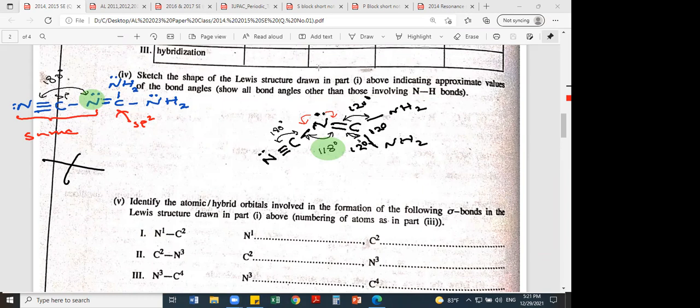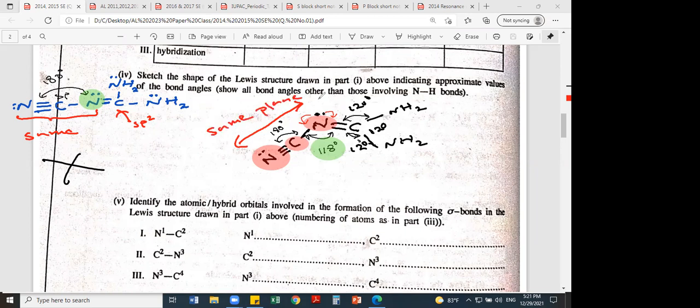Anyway, some papers have asked which atoms lie on the same line. If you can mark that additional information here, this nitrogen and this carbon, I mean these three, I'll highlight that in red. These three atoms lie on the same plane.